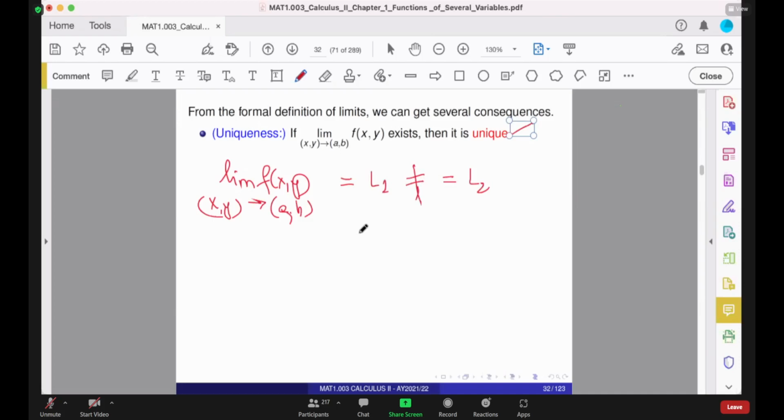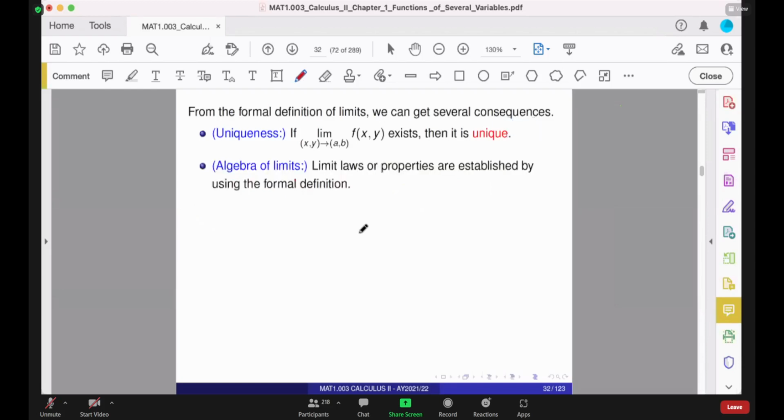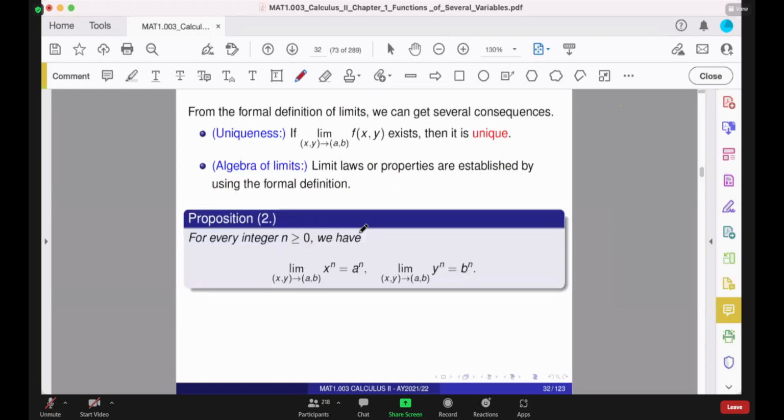Then either one of these two students is wrong or both are wrong. It cannot be the case that both are true, right? Because the limit, if it exists, is unique. You also have the algebra of limits. We talk about this a bit later.